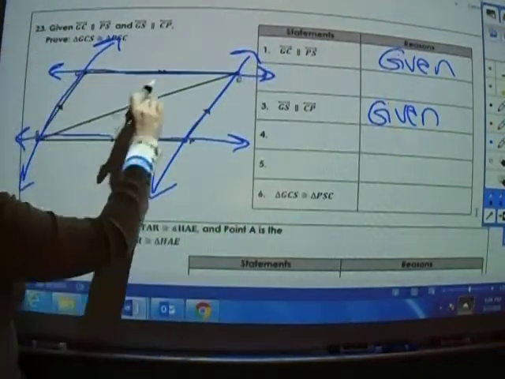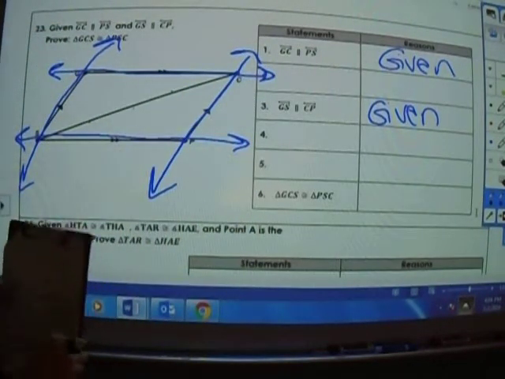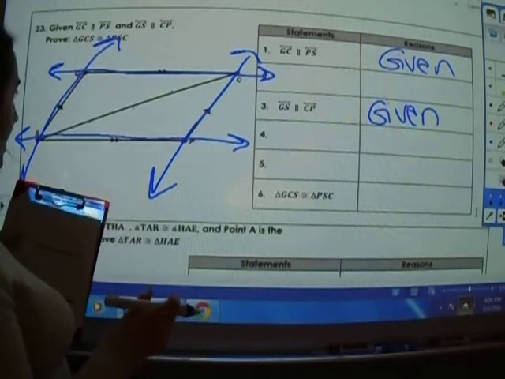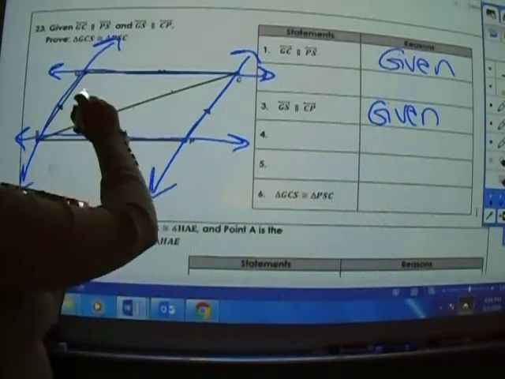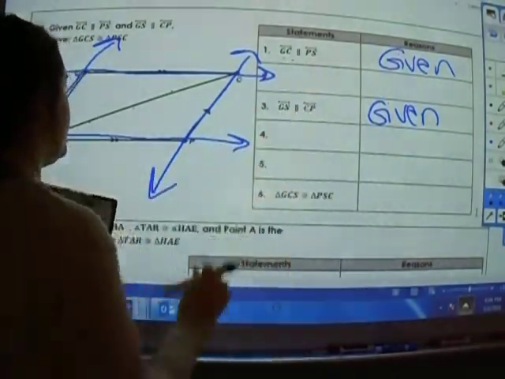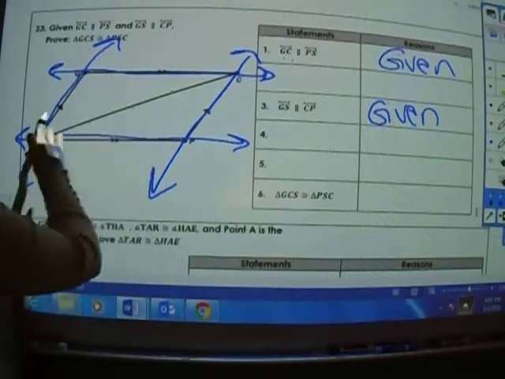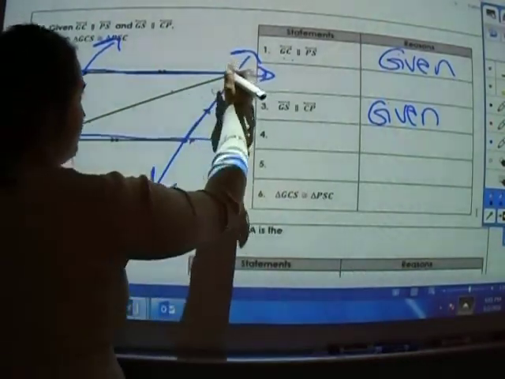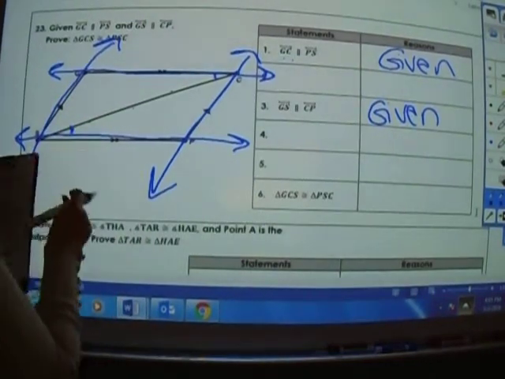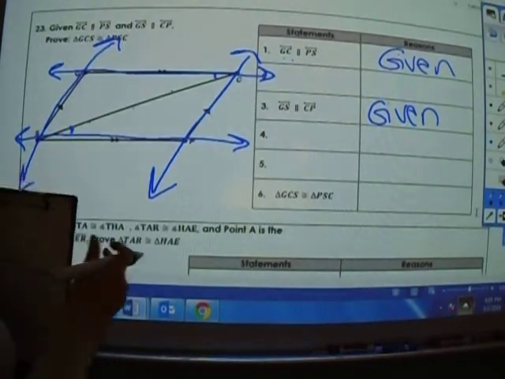So this here is our transversal. Sorry, that's our transversal. So we can say that GCS, because GC is parallel to PS, and this is our transversal, we can say that these angles are alternate interior angles.